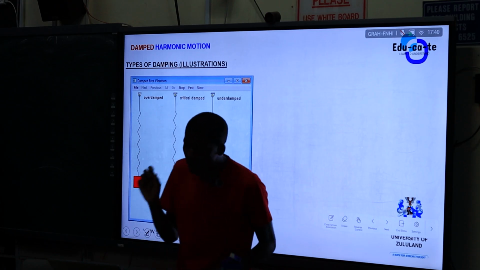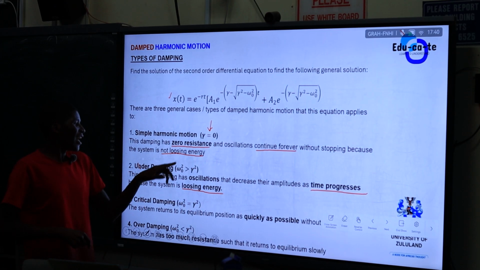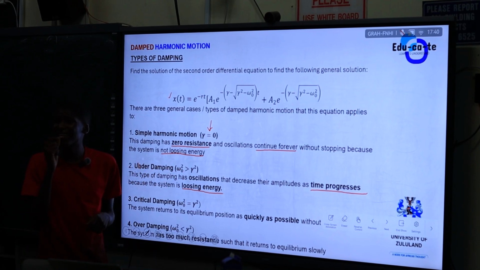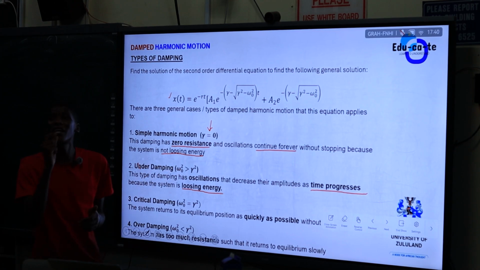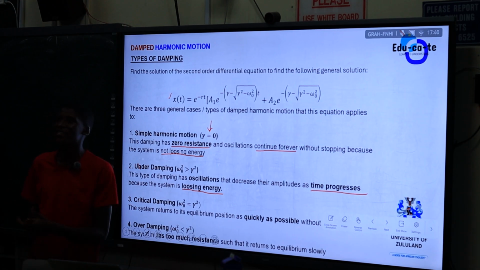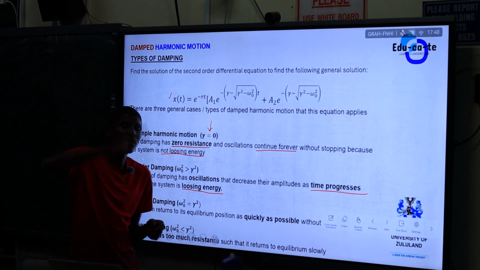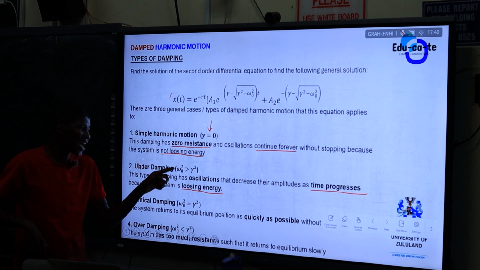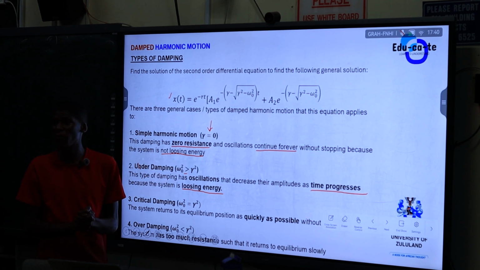Now the condition you must know. If you are having under damping, this natural frequency must be greater than the resistance squared. Yes, the natural angular frequency squared must be greater than the resistance, which is the damping coefficient squared. So the way this would oscillate in simple harmonic motion is greater than the resistance that we have.